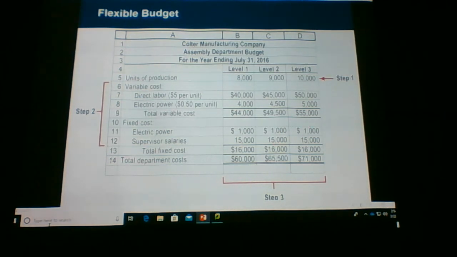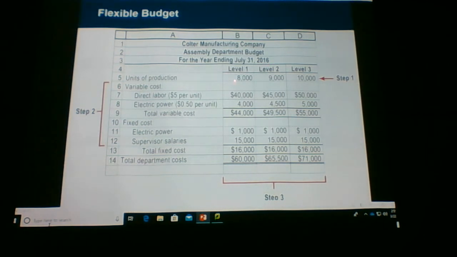If we have a situation where we have tremendous uncertainty, and instead of having 3 levels, we have, say, for example, 20 different production levels, then I want you to understand we're probably going to run into some relevant range issues, and these fixed costs may not remain the same, okay? But for our purposes, we're going to assume that all 3 of these levels are within the same relevant range.